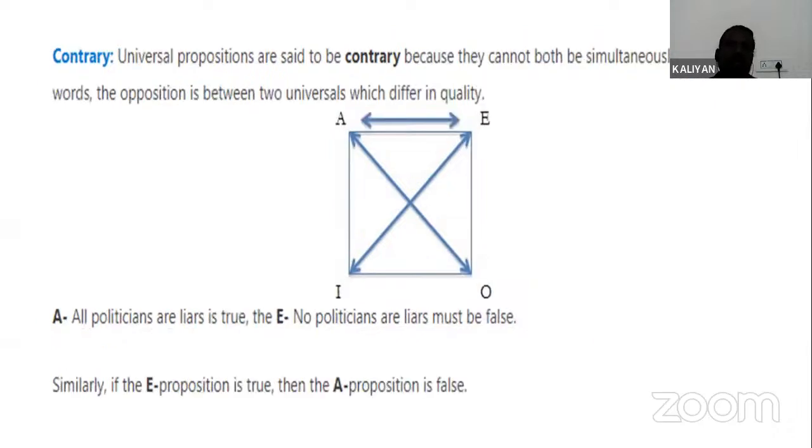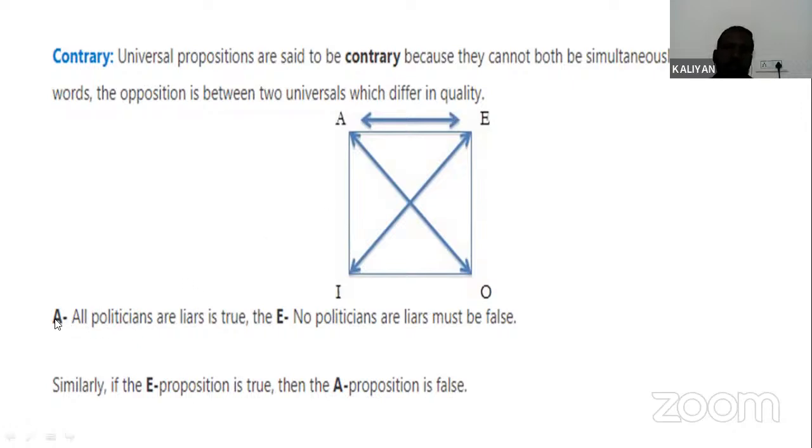And next is the contrary. Universal propositions are said to be contrary. Between the universal propositions, between "all" and between "no," there is a contrary.